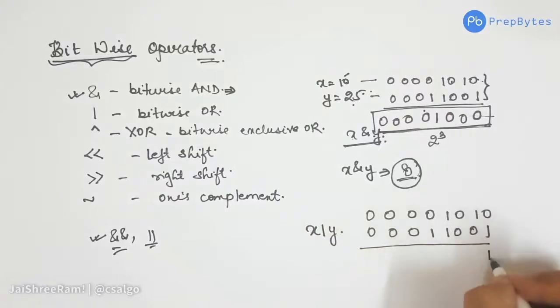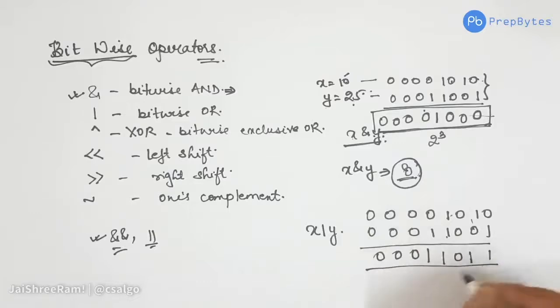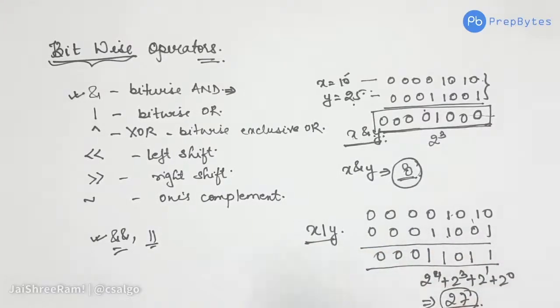This gives me 1, 1, 0, 1, 1, 1, 1. Now if I convert this to decimal, what do I get? 2 to the power 4 plus 2 to the power 3 plus 0 plus 2 to the power 1 plus 2 to the power 0. This gives me 27. So my resultant for X OR Y will be 27.